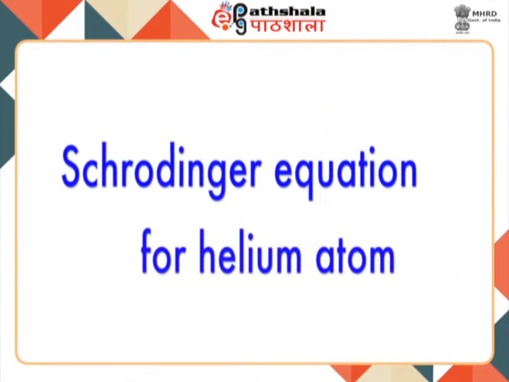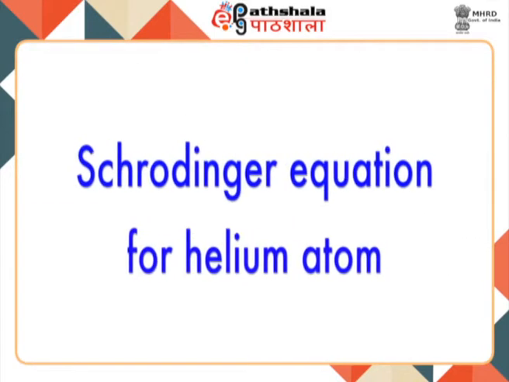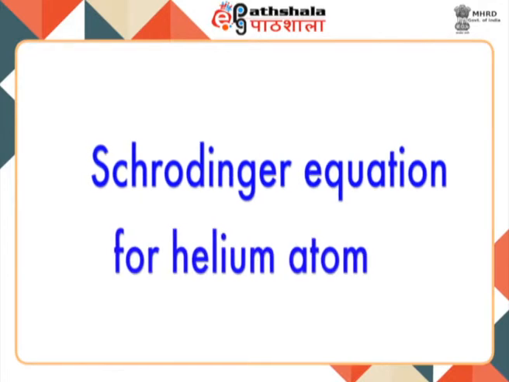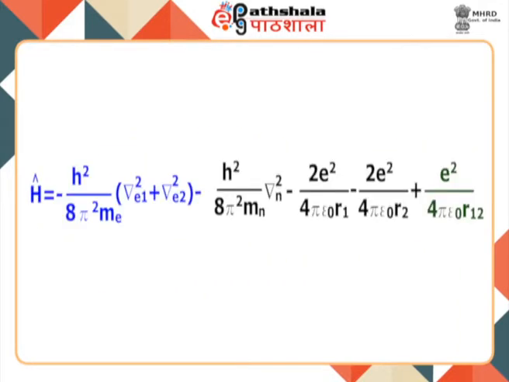Now the Hamiltonian for the helium atom can be written as H cap is equal to minus h square upon 8 pi square me. me is the mass of the electron.